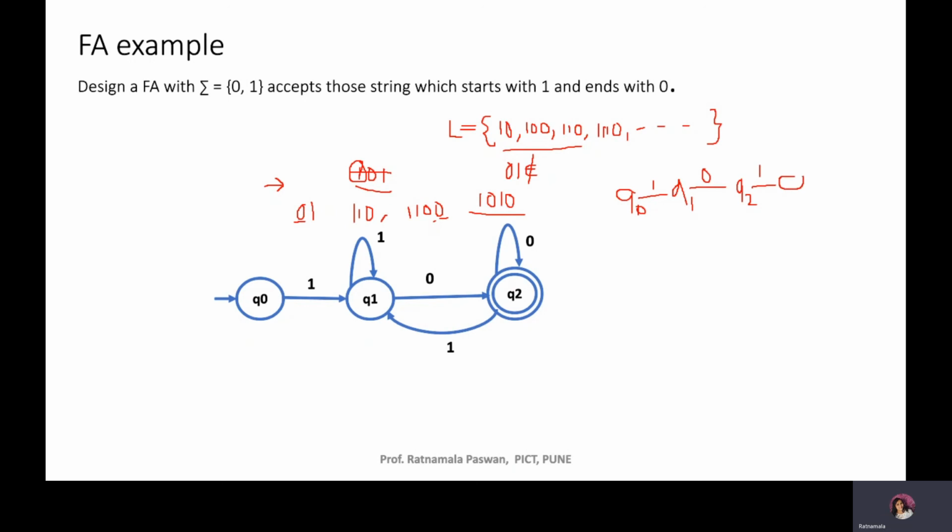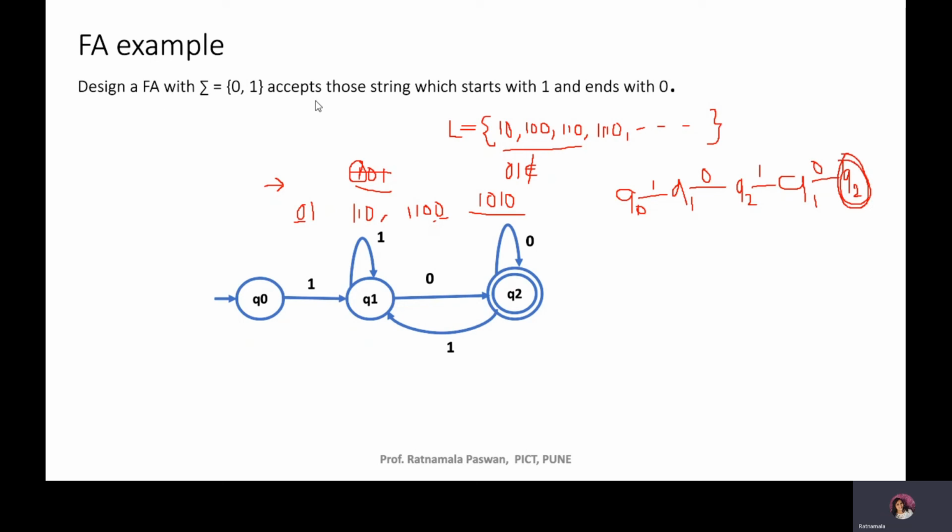From Q2 on 1 it goes again to Q1, and from Q1 on 0 it goes to the next state Q2. Now you can see the string has ended, and the FA ends at the final state, and that's why the string is accepted by the finite automata, right?